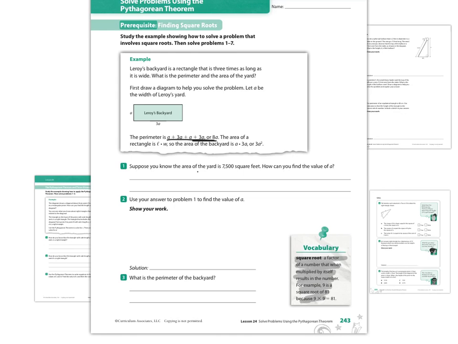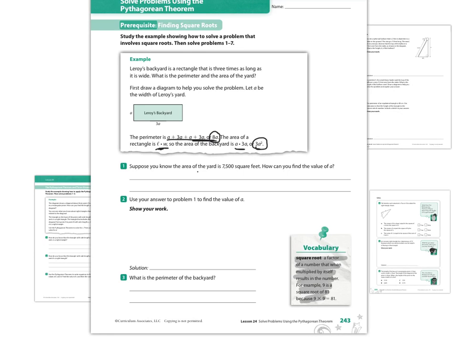Remember, we can combine like terms to get a final expression of 8 times A if we were to add the 4 sides together. Second thing it shows us is that area of a rectangle is length times width. So the area would be A times 3A, or again we could simplify it to 3 times A to the second power. Suppose you know the area of a yard is 7,500 square feet.